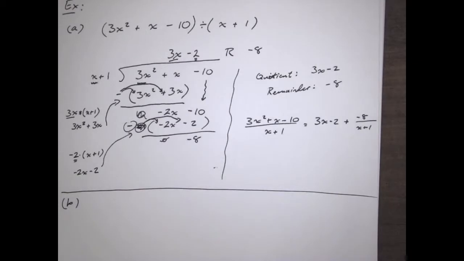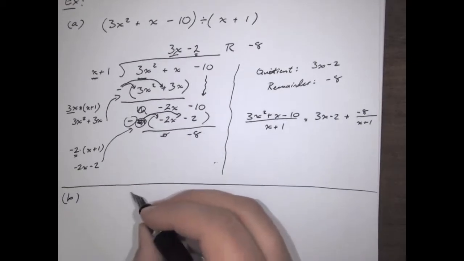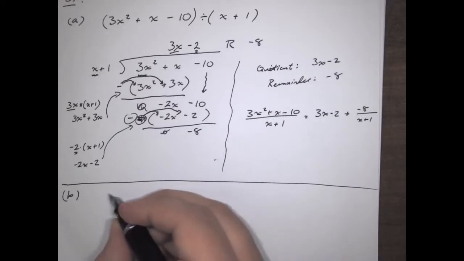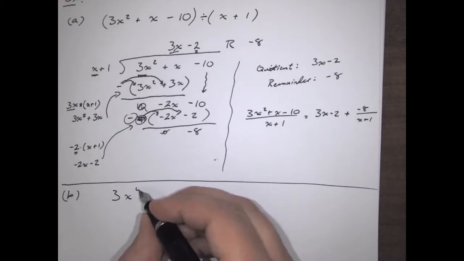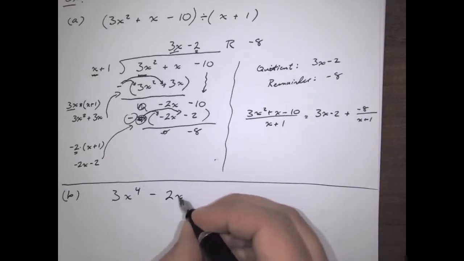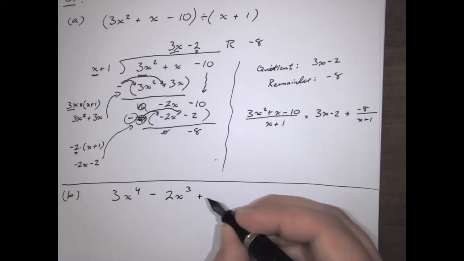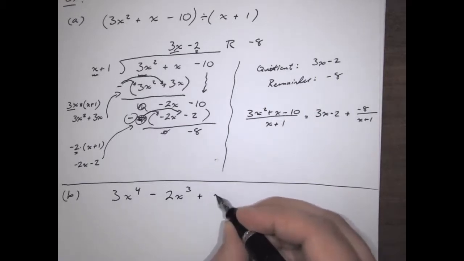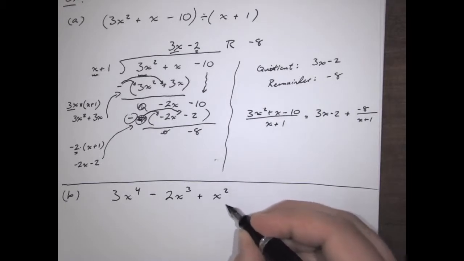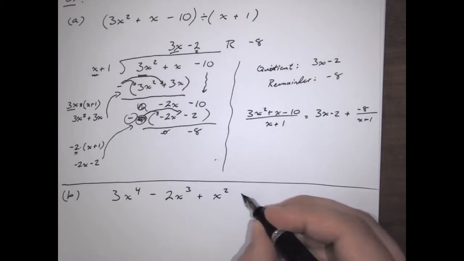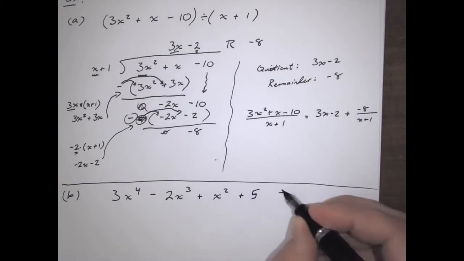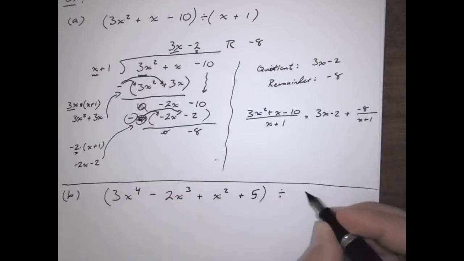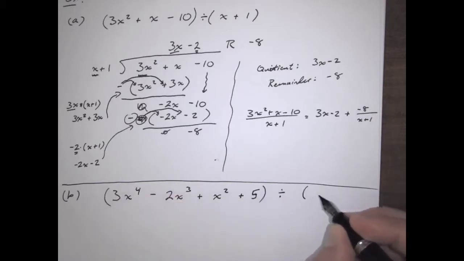So another example of this might be something like 3x to the 4th minus 2x cubed plus x squared plus 5, all divided by x minus 3.